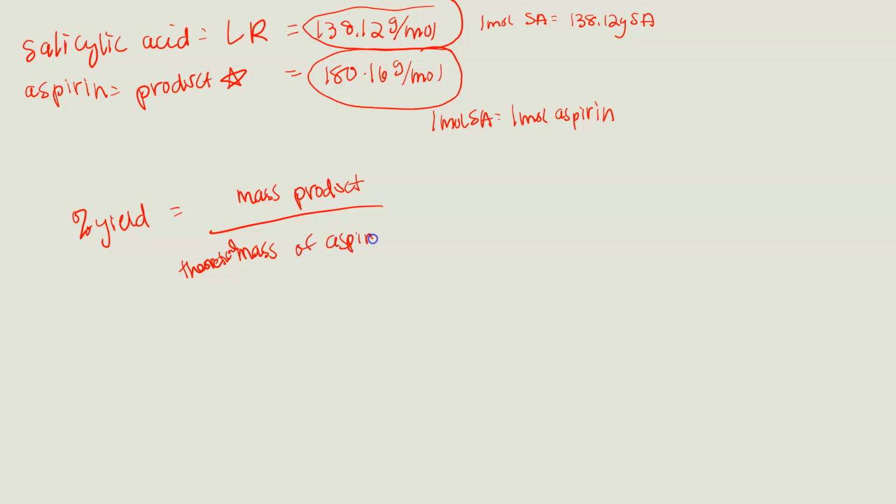So the theoretical mass of aspirin, theoretical masses are the calculated maximum amount you could get if everything went perfectly. Okay, mass of product is what you really got. So you're calculating the percent yield. 100% would be glorious for this. That means you got exactly what you expected. So for this lab, for the percent yield, you're going to get whatever you get. And at the end of the day, as long as you're above 25%, you're fine in terms of your accuracy.